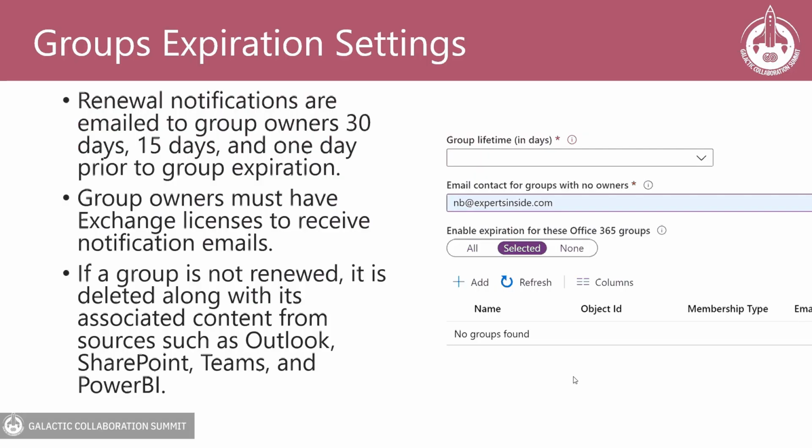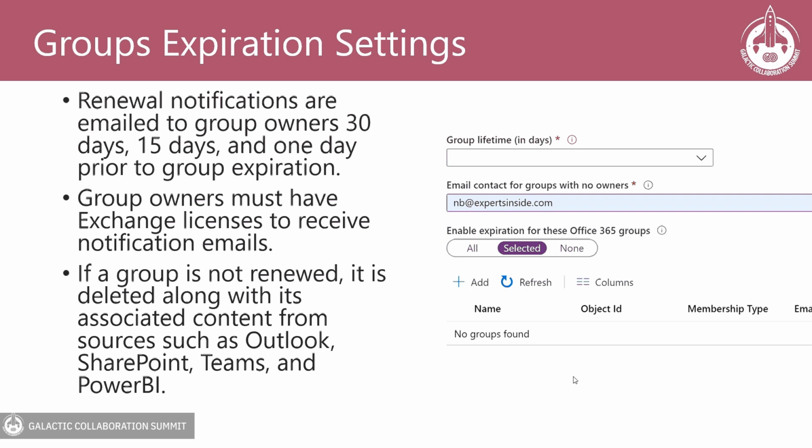It's the group's expiration settings. This feature is not part of identity governance, but from the context, it definitely belongs to scenarios we also already have in the identity governance section. It's about group lifecycle. As you can see here in this screenshot, we can configure how long a group is valid.